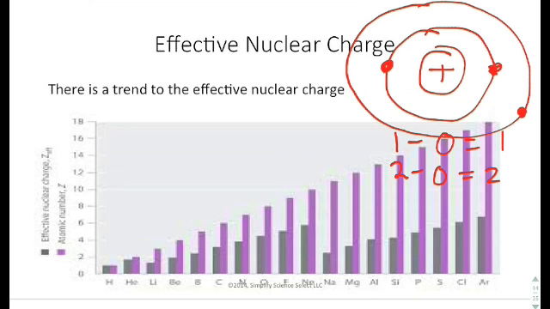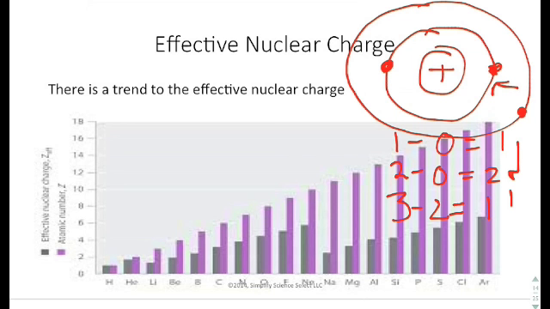Now when you draw it this way, you can clearly see that there are inner electrons. These right here are the shielding electrons that actually disguise part of the charge. So although we have 3 protons in lithium, I now have 2 shielding electrons, which reduces the effective nuclear charge to 1. So you see a general increase in the effective nuclear charge, but occasionally it drops back down.